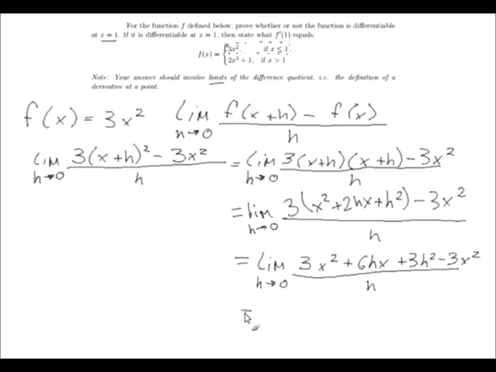So we can actually cancel those out. So we have 6hx plus 3h squared all over h.